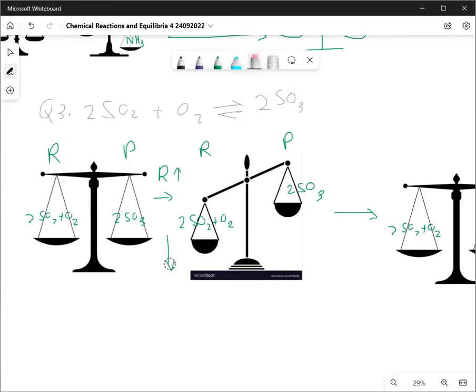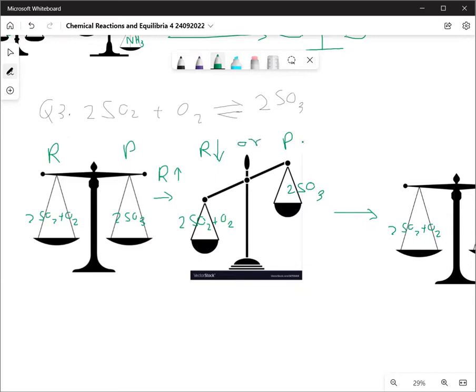Reactant को क्या करना है? We have to make the reactant side more, so this will go even further downwards. No, Niranjana, more than that it will go down. So we have to decrease the reactant side.